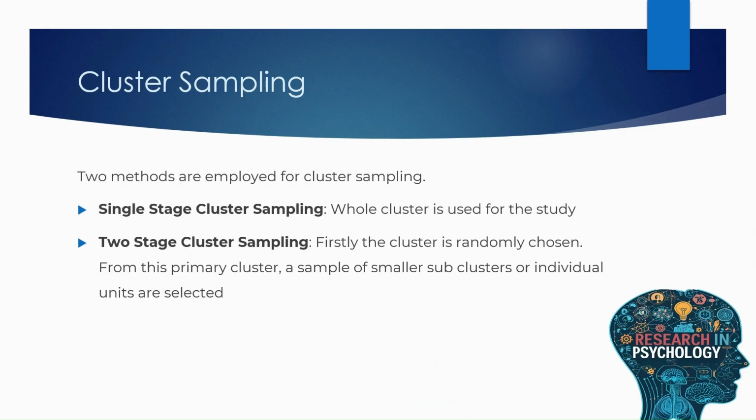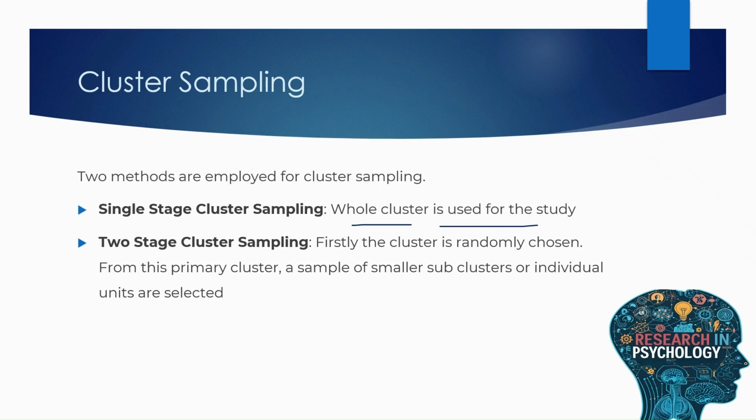Then we use two methods in cluster sampling. First is single-stage cluster sampling, where we just divide the population into clusters and then a whole cluster is randomly selected and used for the study.